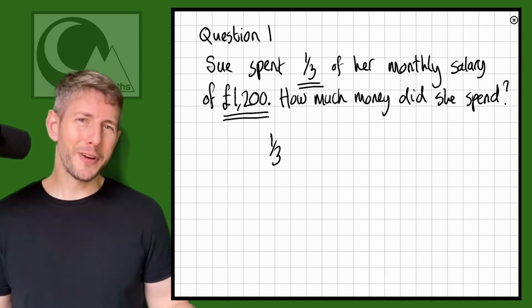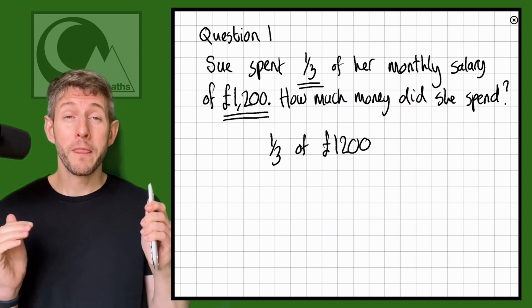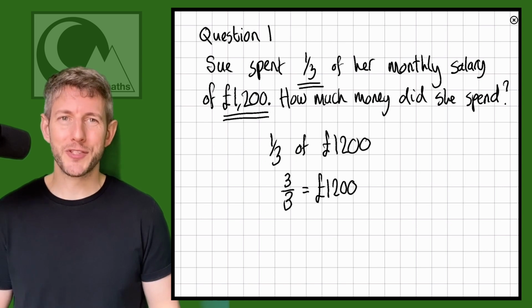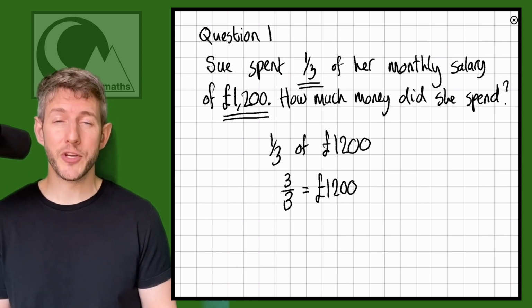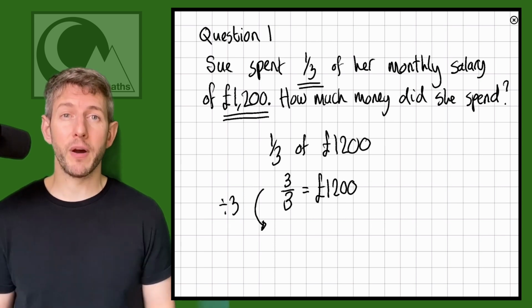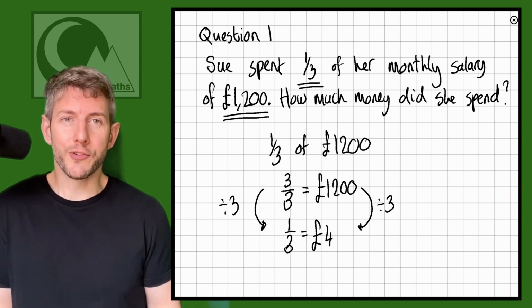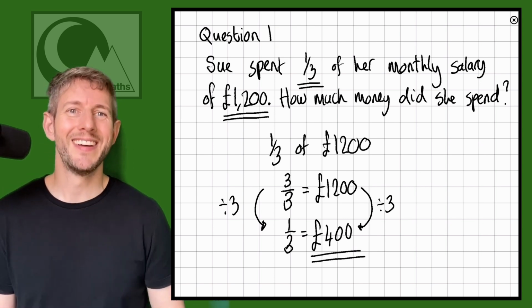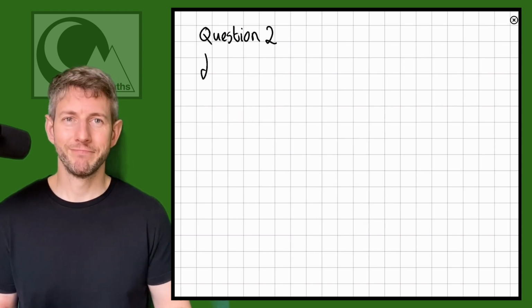I'm going to do the direct proportion method just because I want to hammer it home. So 3/3 equals 1,200, the whole amount. Let's divide both by 3 to get 1/3. 1/3 will be 400. She only spent 1/3, so we're done. She spends £400.